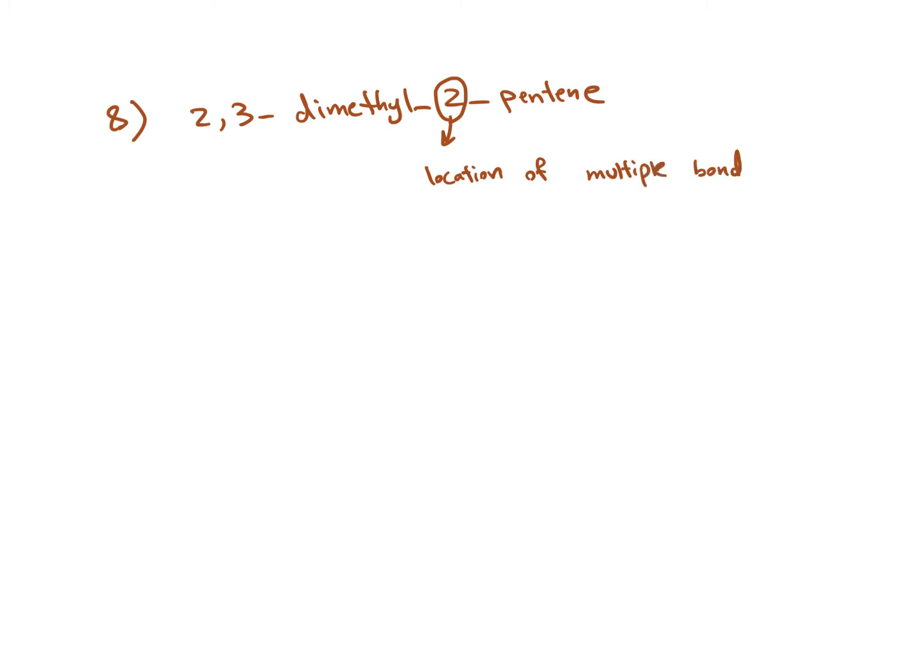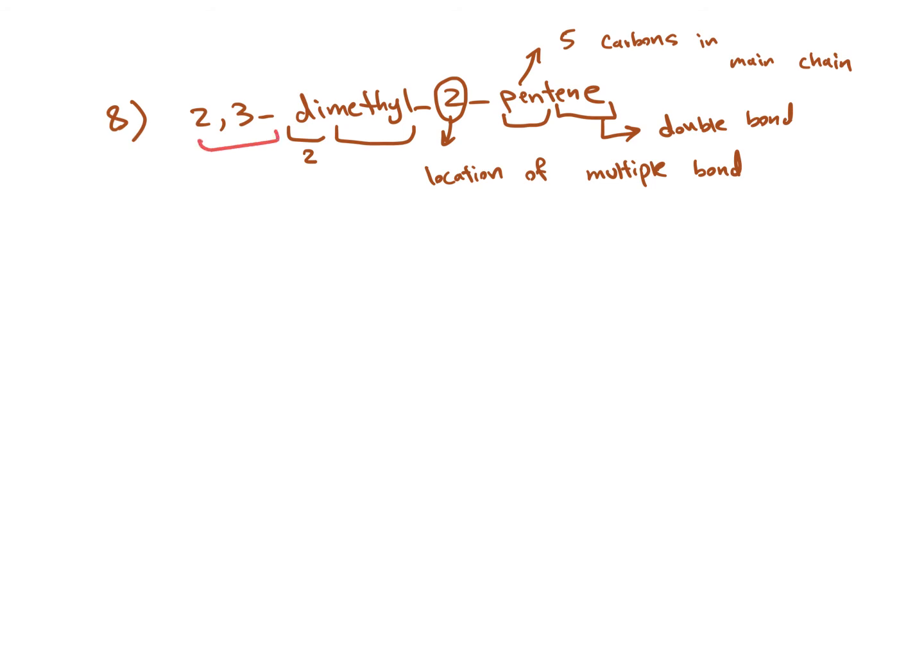Because we have the ene ending, we know we have a double bond. Since we have pentene, we know that we have 5 carbons in the main chain. We have 2 methyl groups on carbons number 2 and 3.